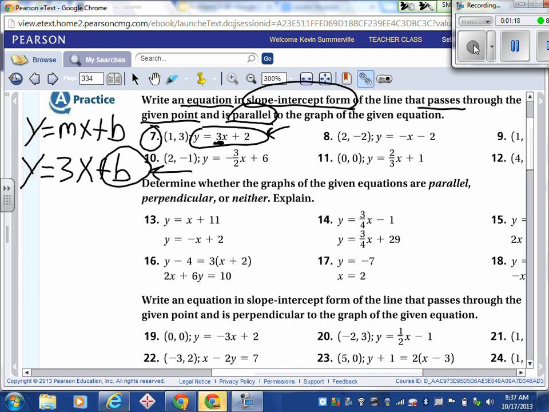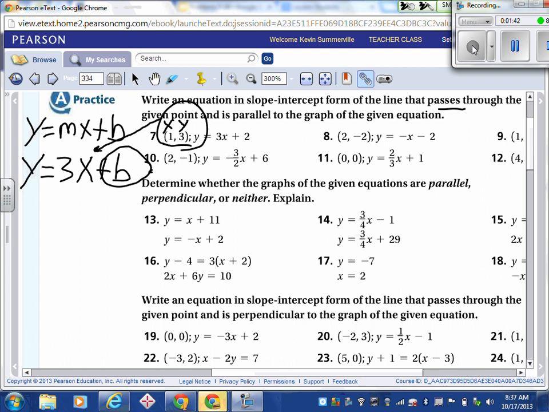In order to do that, I have to use the points that are given to me in the problem and label that x and that y. So now that I've labeled my points x, y, 1, 3, I need to substitute this information into my equation for the x and for the y.